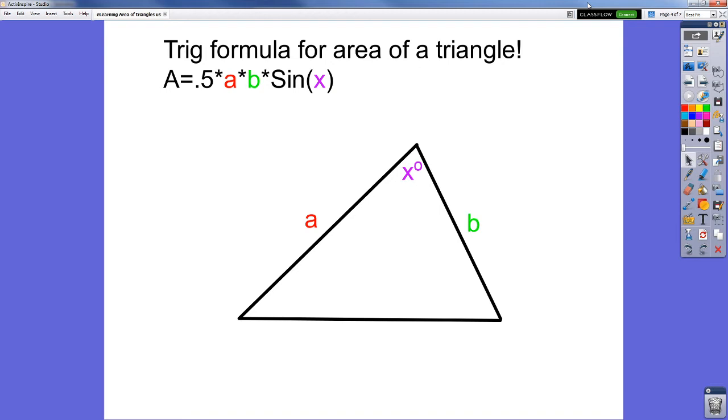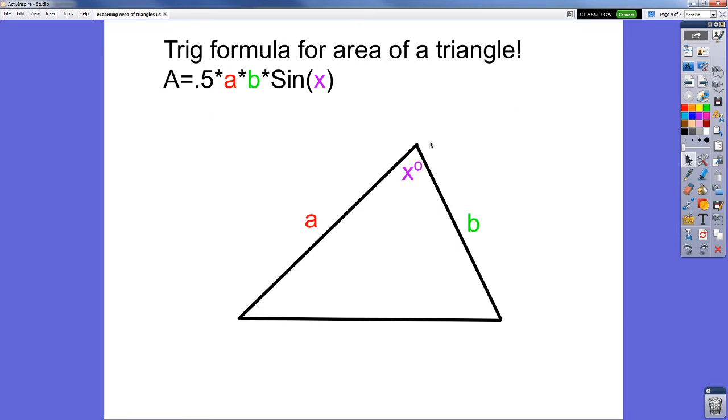I'm always going to give you the stuff for this formula. I'm going to give you two sides and the angle in the middle. And if you notice, it's just 1/2 times the first side times the second side times the sine of the angle in between. And that is the area of a triangle.